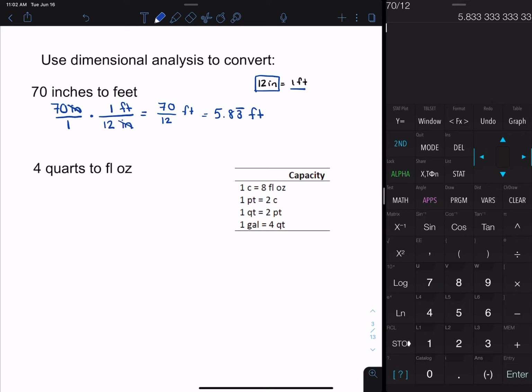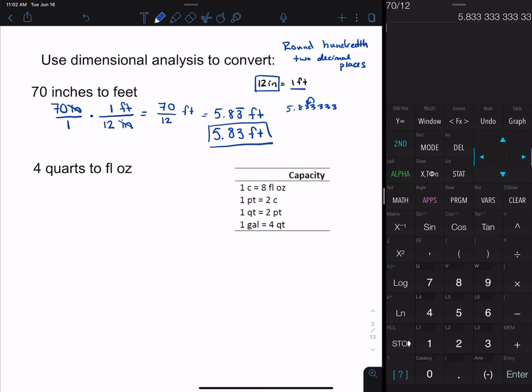Now, I believe our homework typically asks us to round to the nearest hundredth, or sometimes it might say to 2 decimal places, because that's 2 digits after our decimal point is our hundredth place. So if we do that, that 3 repeating is really telling us it's 5.83333. The 3's keep going. So if we're rounding to the hundredth place, the 3 tells me to leave that 3 alone. So I'd say that my answer is 5.83 feet.